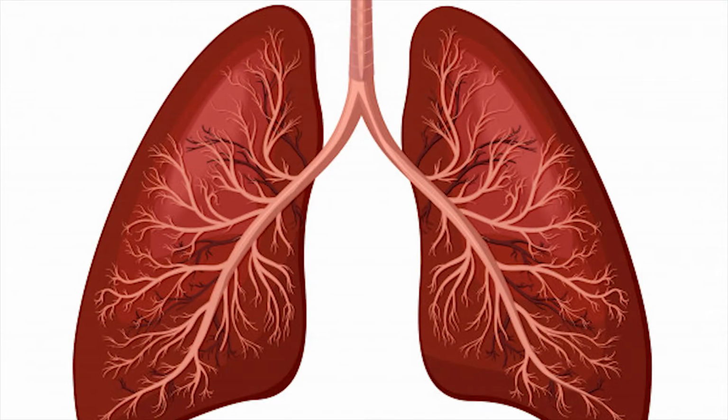Kidney, we have renal artery and renal vein. Renal artery carrying blood from heart towards kidneys. The second type is renal vein which carries blood from kidneys towards heart.